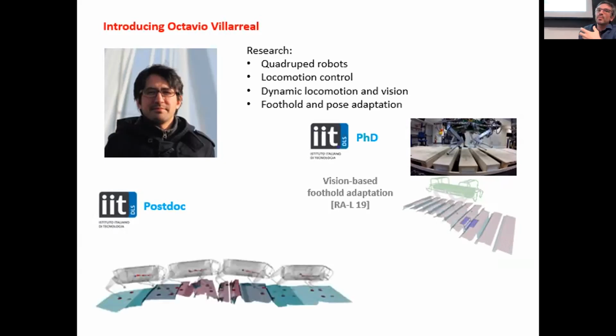So in the case of a gap, you can, for example, correct the pose to stand up on a pallet, to walk on a pallet, and when there is a gap, you want to adjust the foot location to avoid the gap, to not put the foot inside the hole.